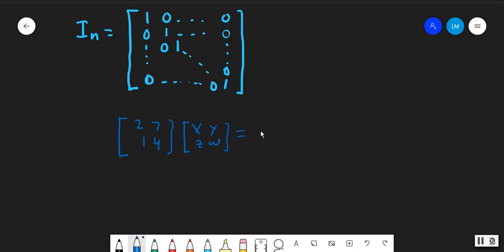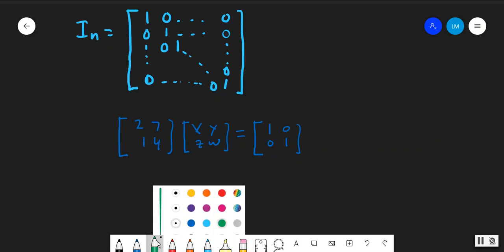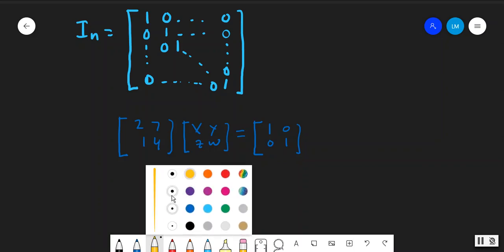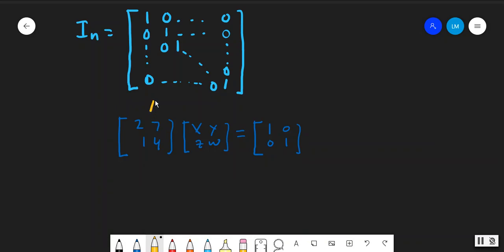Let's say this equals I2, so 1, 0, 0, 1. That's telling you that you have this unknown matrix right here. We can call this A, and the unknown matrix we're going to call A with a negative 1, that means A inverse. Notice that this is going to be equal to I2.